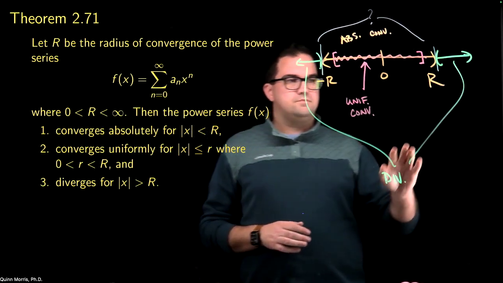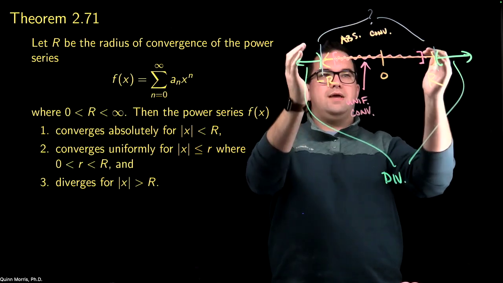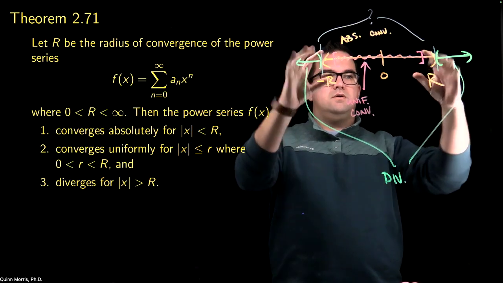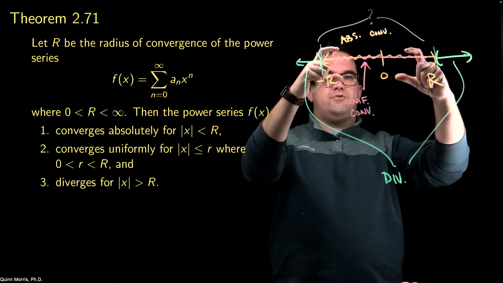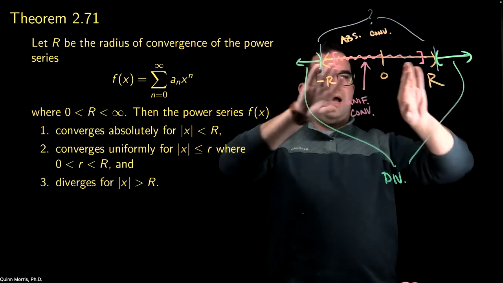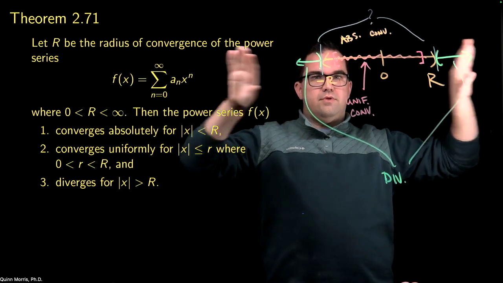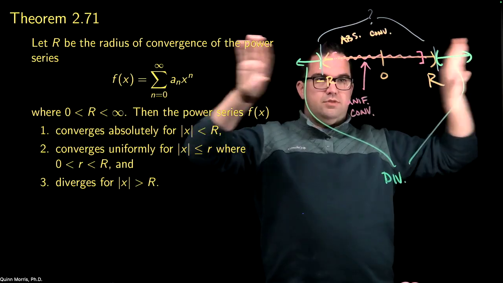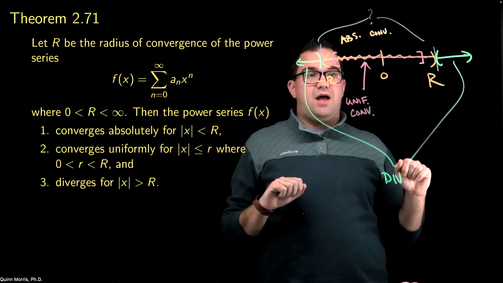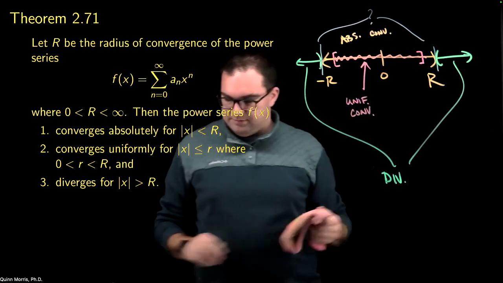But within this interval, minus R to R, you get absolute convergence. On any closed subinterval, you're going to get actually uniform convergence. Outside of minus R to R, on the open intervals on the outside, you're definitely going to get divergence. And exactly at the endpoints, well, that depends.